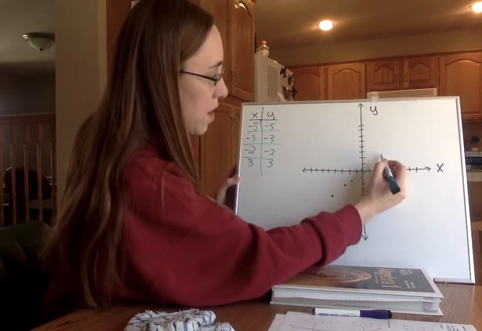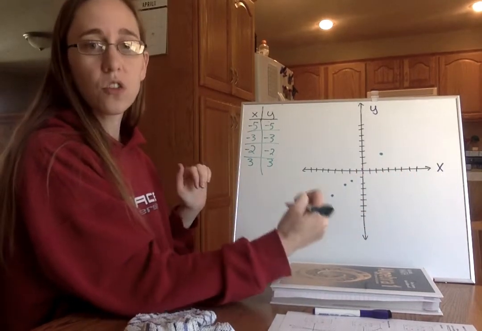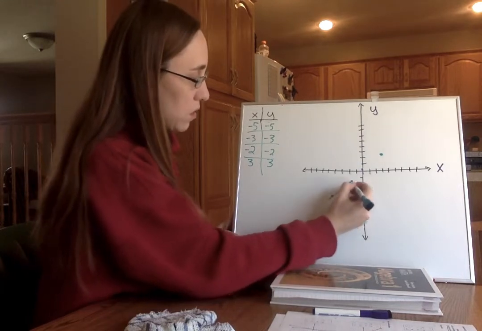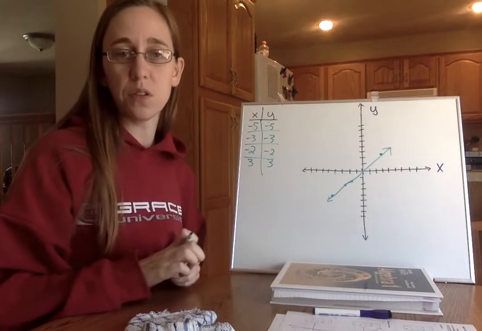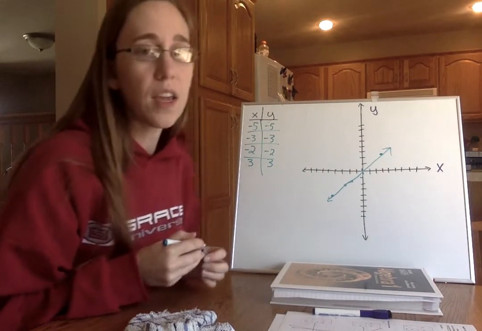So right 3, up 3, and we can see they look like they're in a straight line, so we should have graphed them correctly. Now we connect the dots with as straight of a line as you can draw, and put the arrows on the ends. So that's how we go about and graph when we're already given a table.